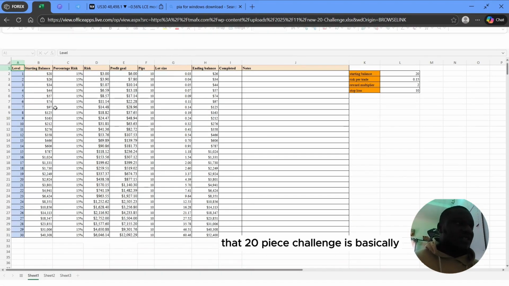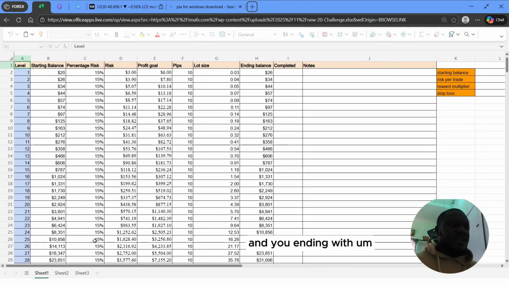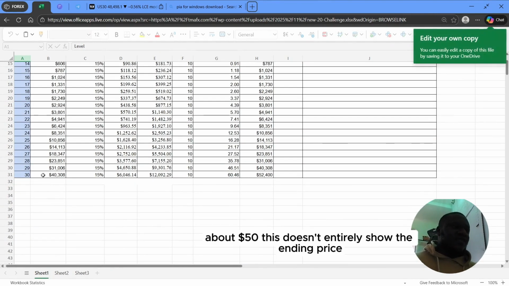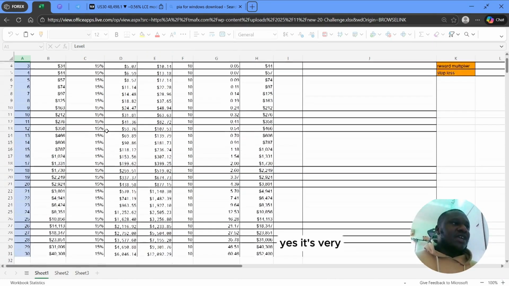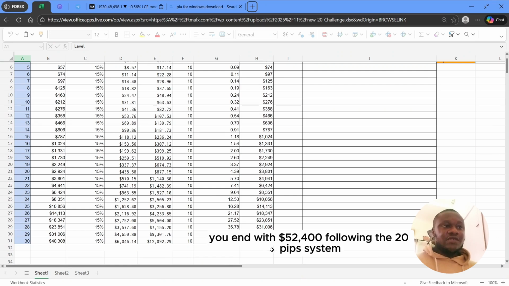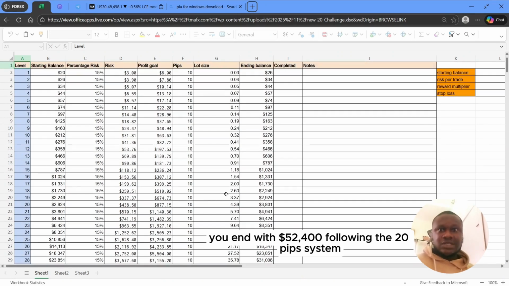That 20 pips challenge is basically you starting with $20 right here and you ending with about $50. Yes, about $50. This doesn't entirely show the ending price. This is it right here, $52. All right, yes, it's possible. It's very possible. Start with $20, you end with $52,400 following the 20 pips system.